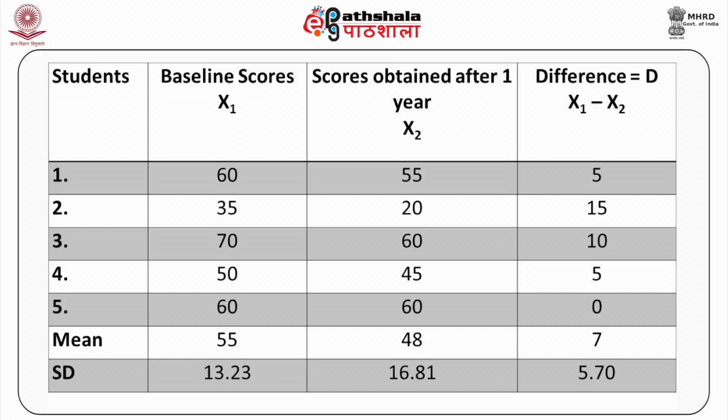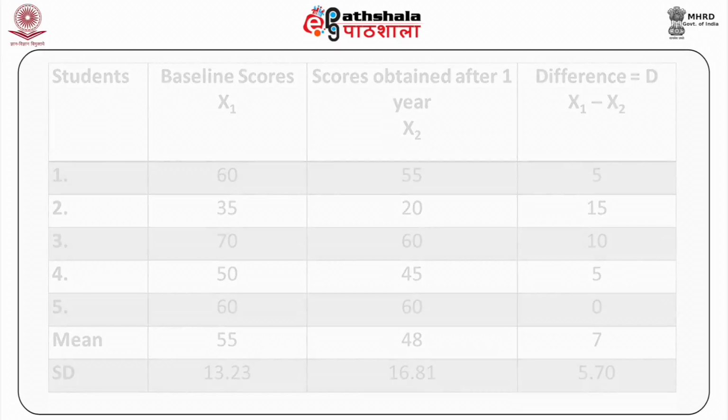Thus, we do not reject the null hypothesis and conclude that students have not improved on statistical knowledge in the year's time, or whatever improvement is seen may be because of some kind of an error. Conclusion: the population means are not different and the result is not significant at alpha equal to 0.05.